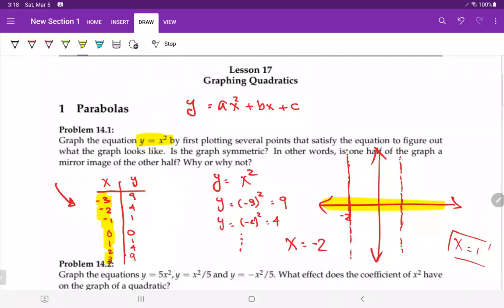To answer these questions, what the graph looked like, parabola. Is the graph symmetric? Yes. Is one half of the graph a mirror image of the other half? Yes. Why? Because there is one axis of symmetry that divides the parabola into two equal halves. Good.